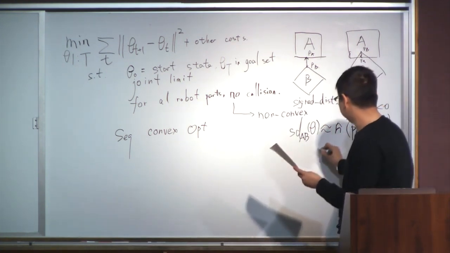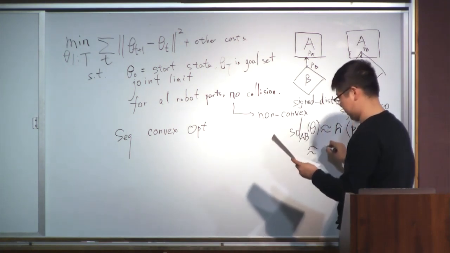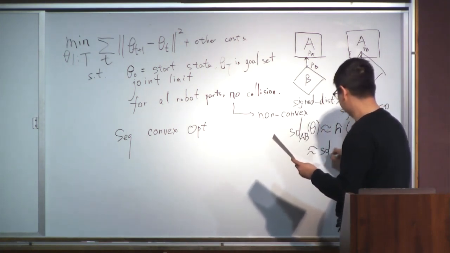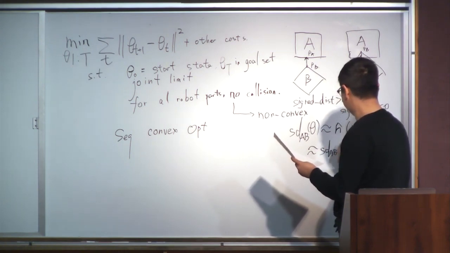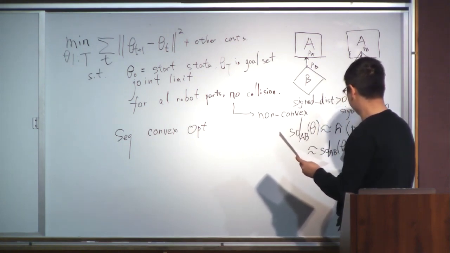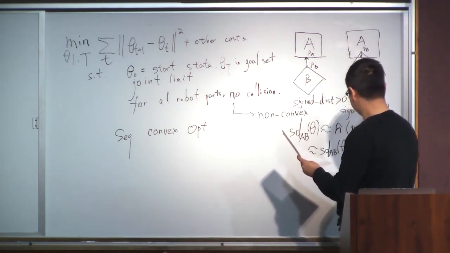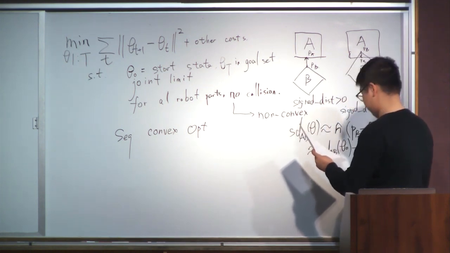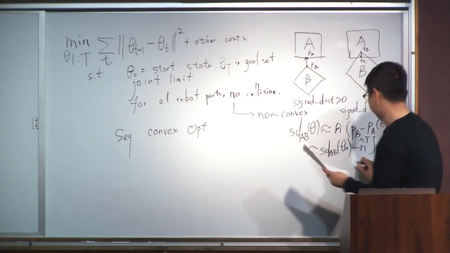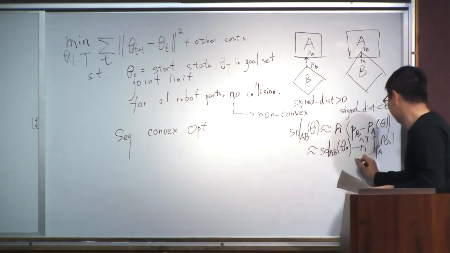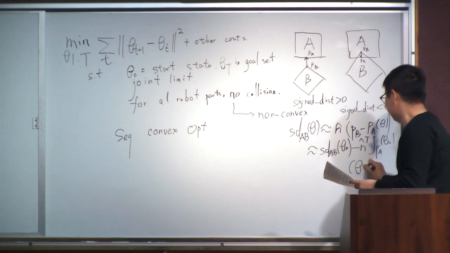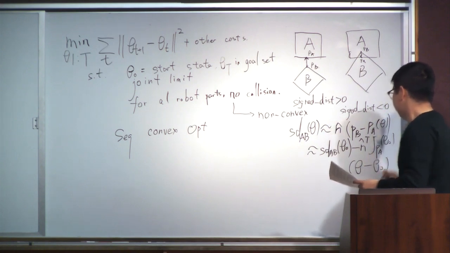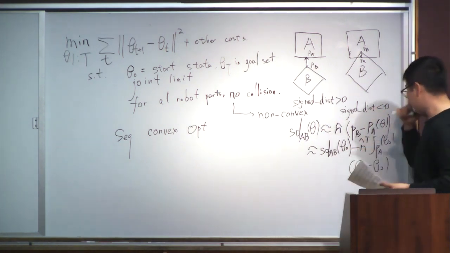We can also rewrite this in another way: SD_AB(theta_0) minus n^T J_{P_A}(theta_0) times (theta minus theta_0). So this is a different formulation.